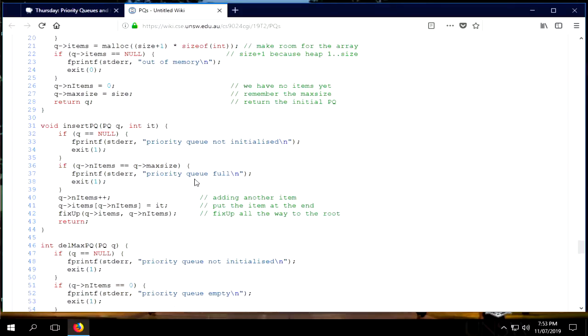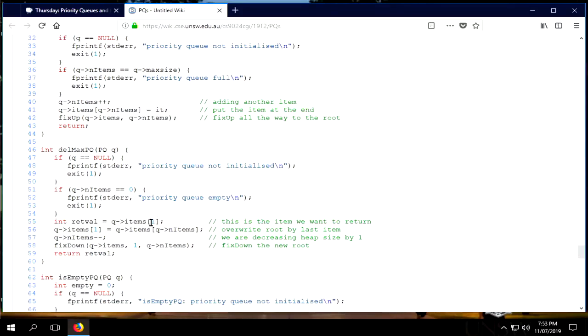So here's the delete max, and what the delete max does, it gives you retval is items 1. And you know that with all this X stuff I did here, 0 is a hash or a -999, position 1 is the top. Dead easy. That's where it is. I can get it instantly, constant time.